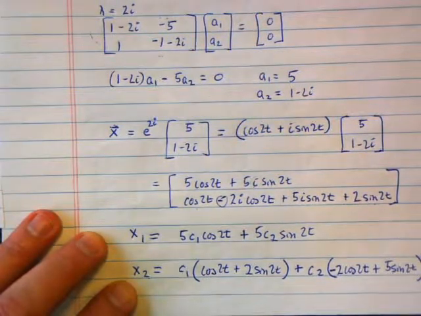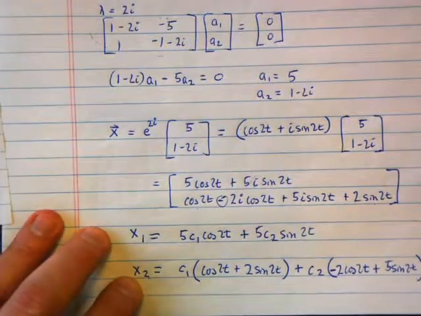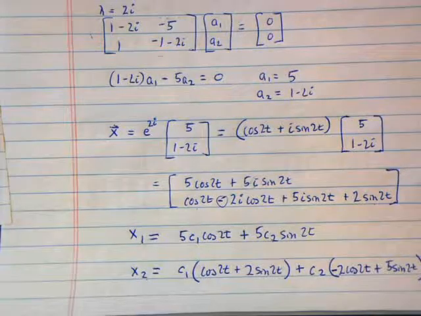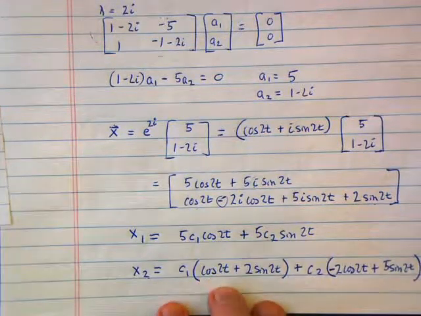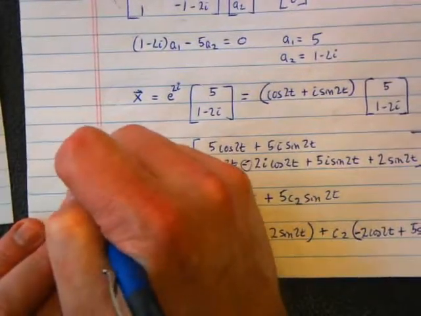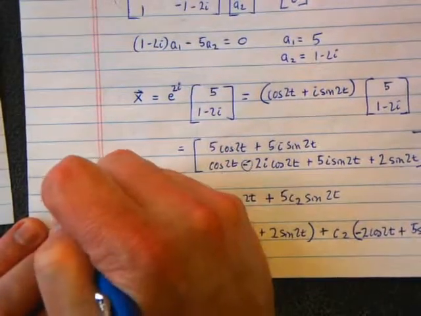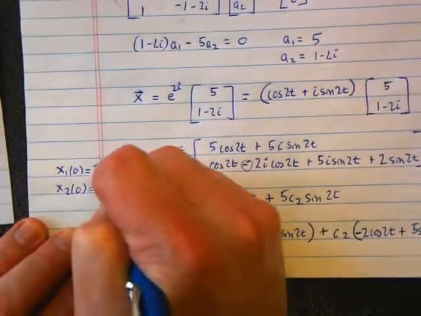We should never have to do this and then have given values for c1 and c2. Actually, if I were to give you values for c1 and c2, solving would be quite easy. So let's say I gave you some initial conditions. x1 at 0 is 2, and x2 at 0 is negative 3.